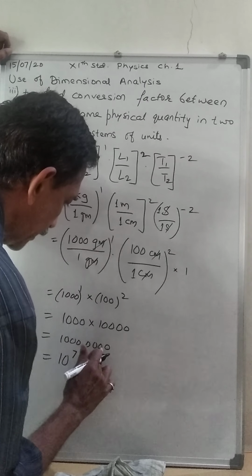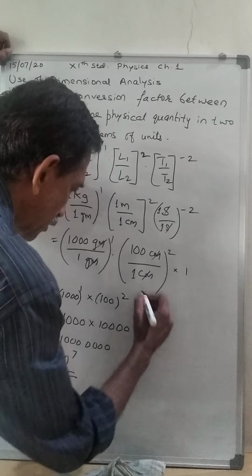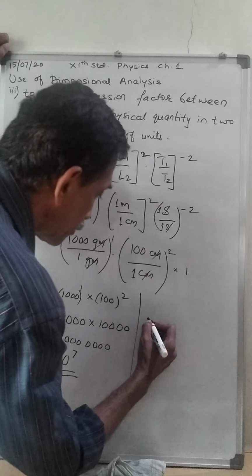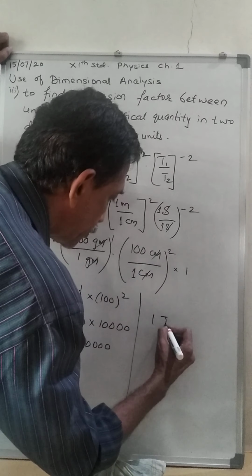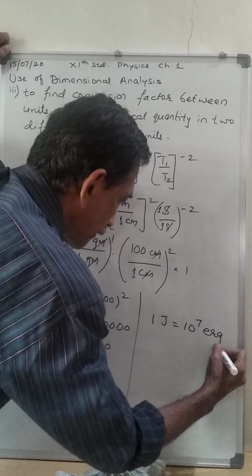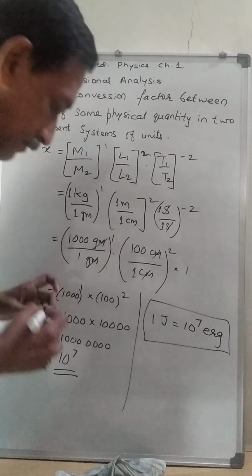So the value of x is 10 raised to 7. Therefore we can write 1 joule is equal to 10 raised to 7 ergs. Clear?